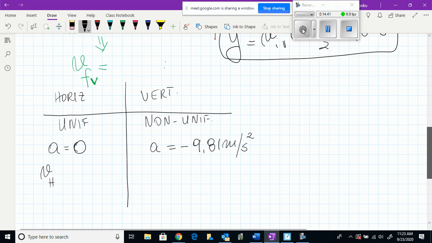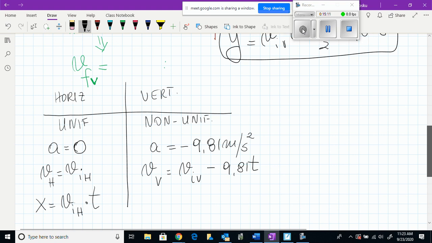The velocity in the horizontal is equal to the horizontal component of the initial velocity. The velocity in the vertical is equal to the vertical component of the initial velocity minus 9.81 t. And the displacement, since the horizontal direction is uniform motion, will be v times t.